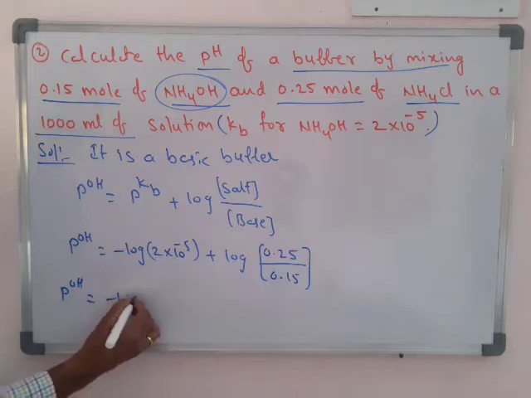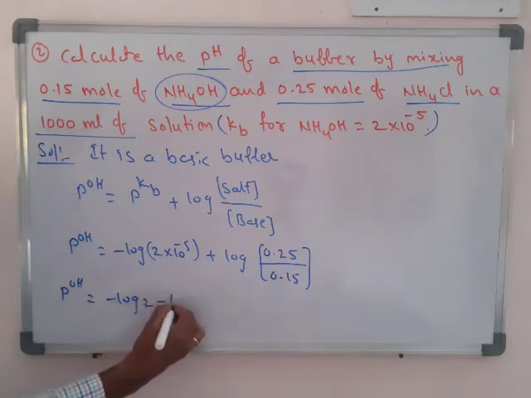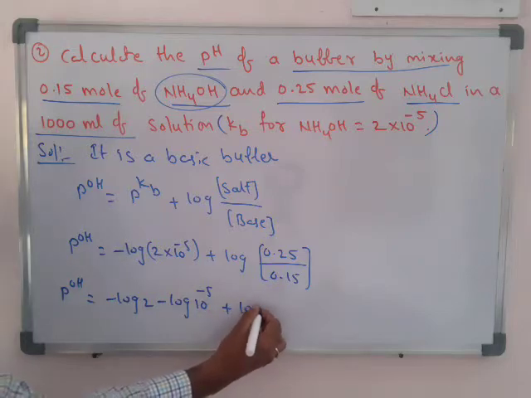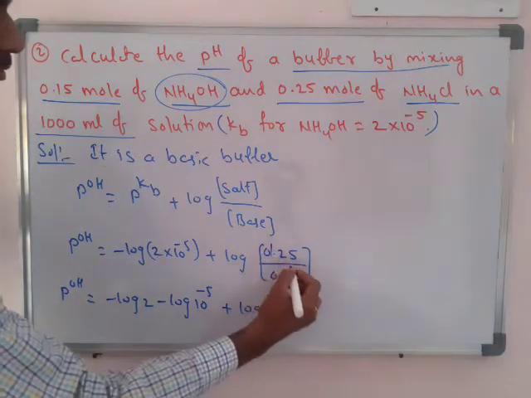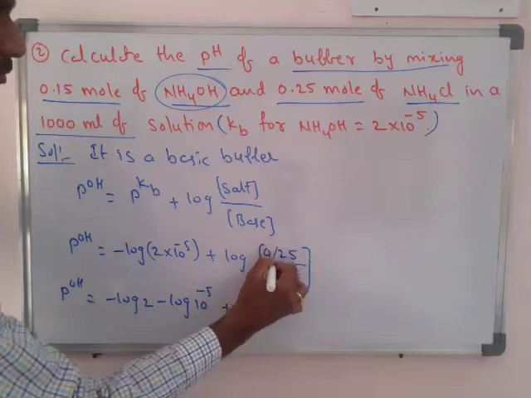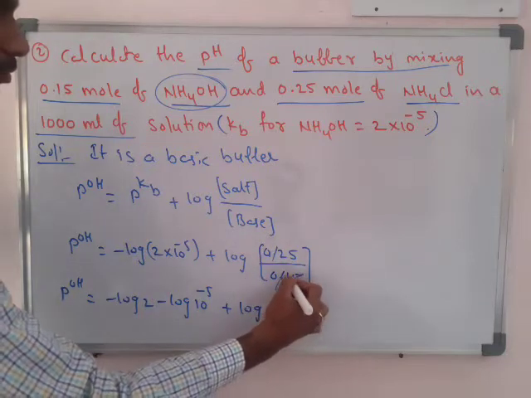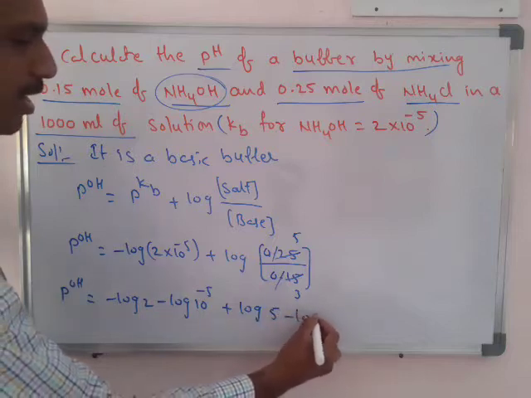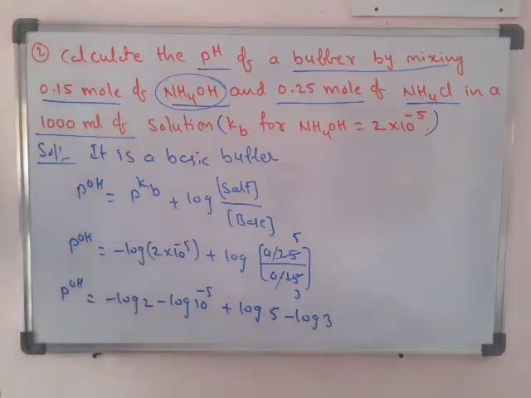So this becomes minus log 2, so this becomes log 5 minus log 3.